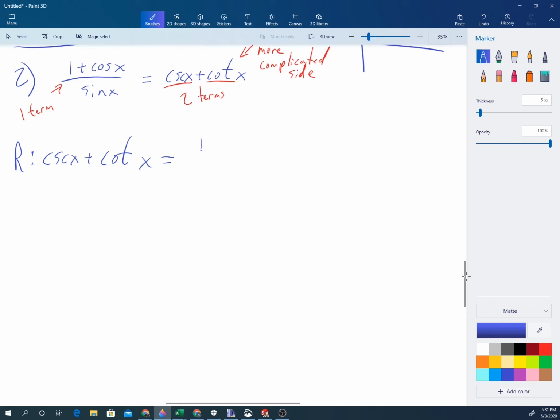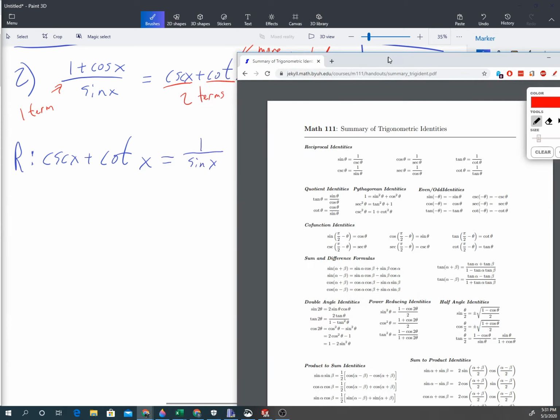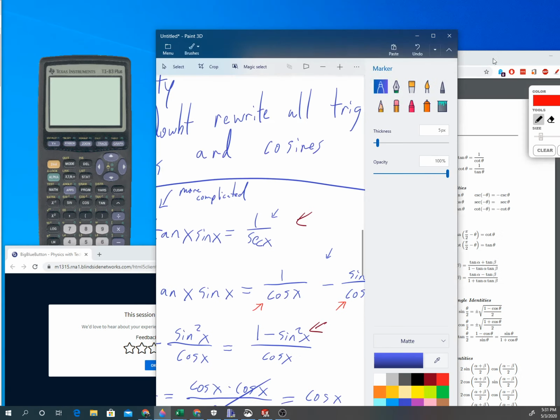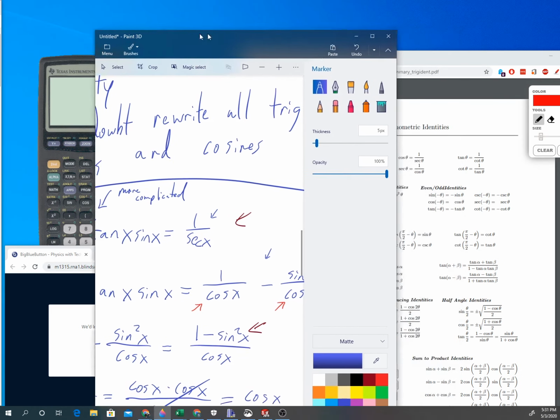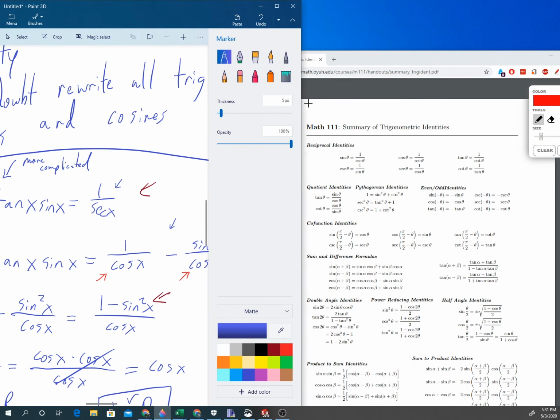So cosecant, from back on the proofs that we showed you, these ones right here. Maybe I'll do a split screen here so you guys can see those proofs as I go.